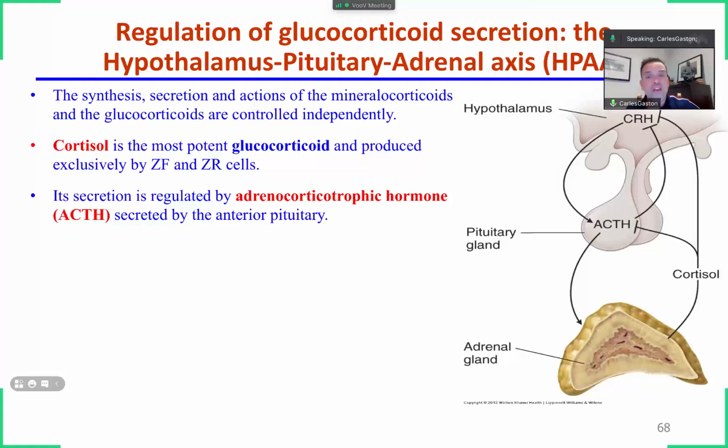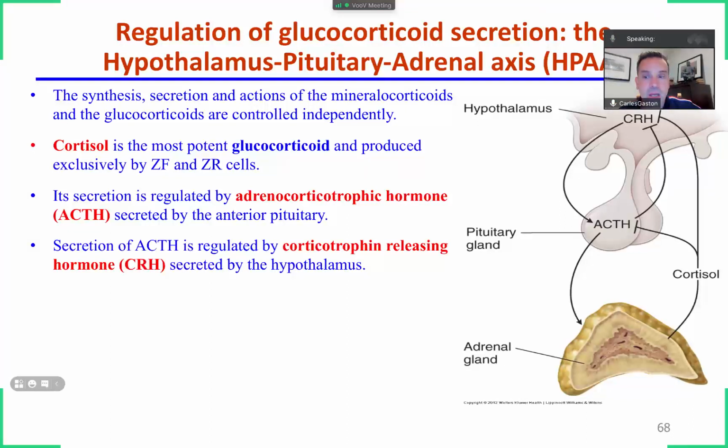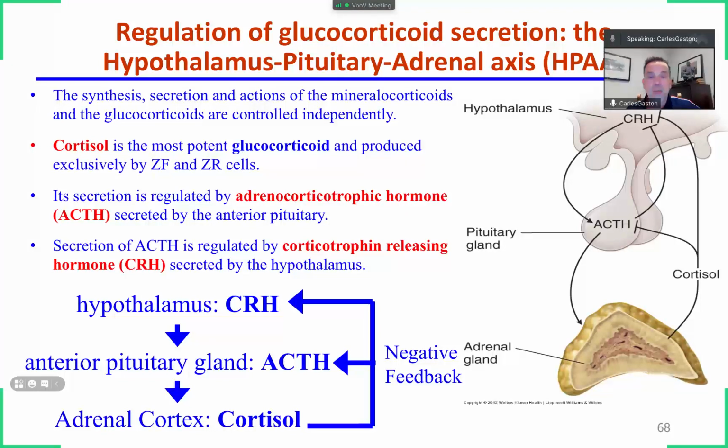Its secretion is regulated by adrenocorticotrophin hormone, or ACTH, which is secreted from the anterior pituitary. The secretion of ACTH is regulated by corticotrophin releasing hormone, which is in turn secreted from the hypothalamus. So what we end up with is a negative feedback loop.